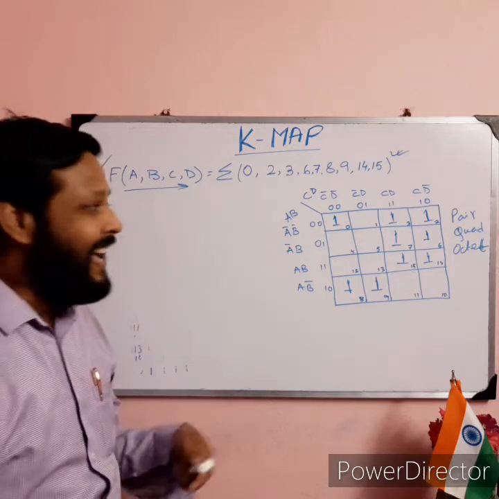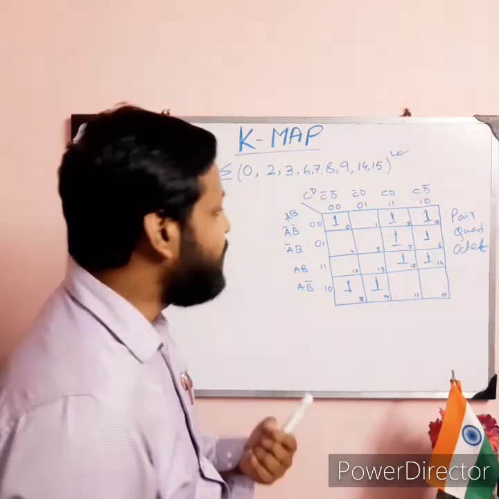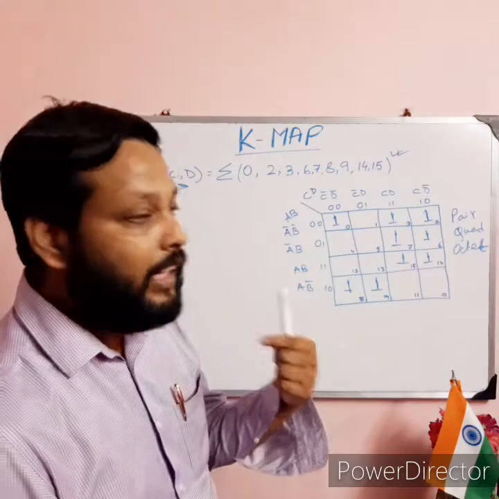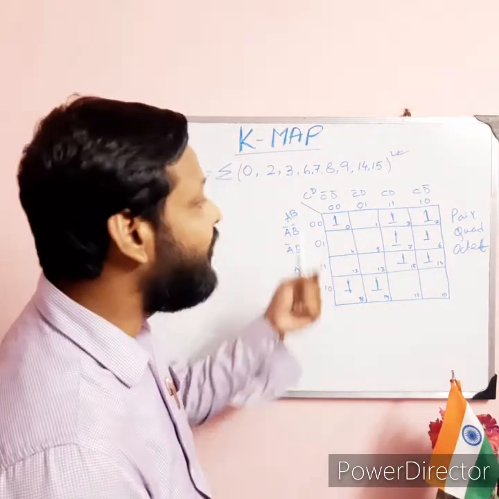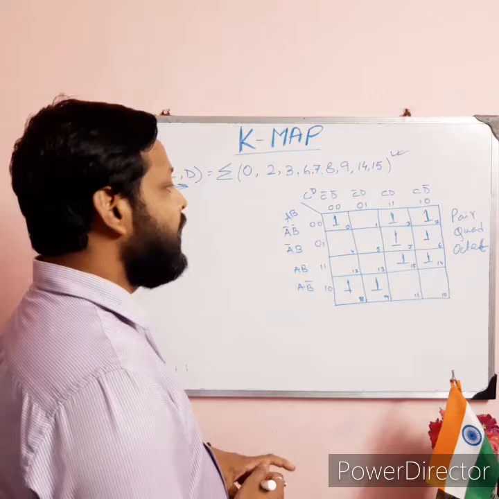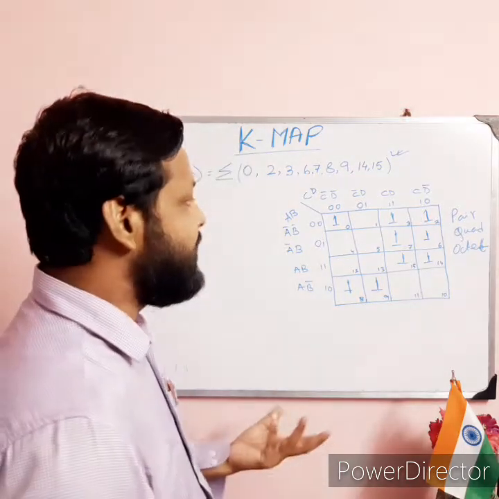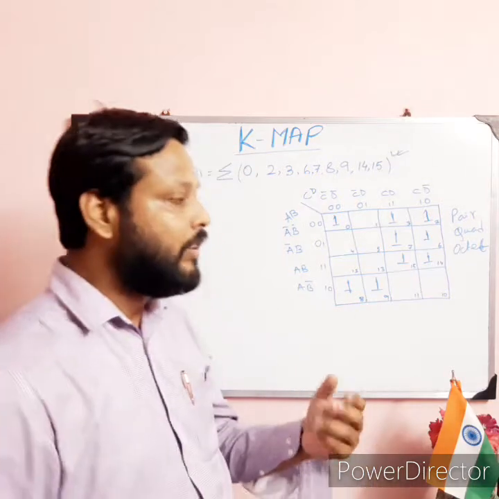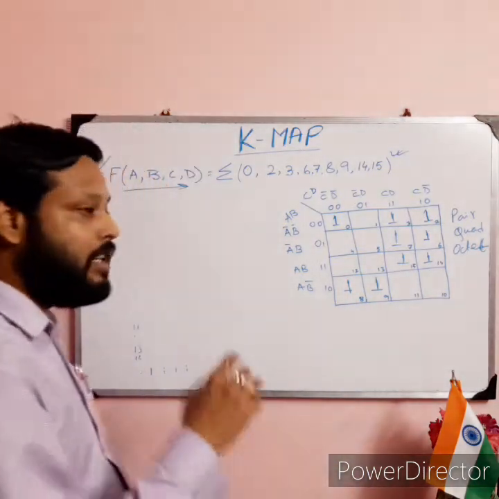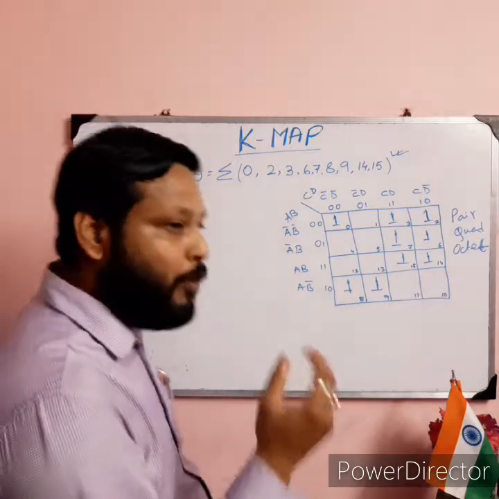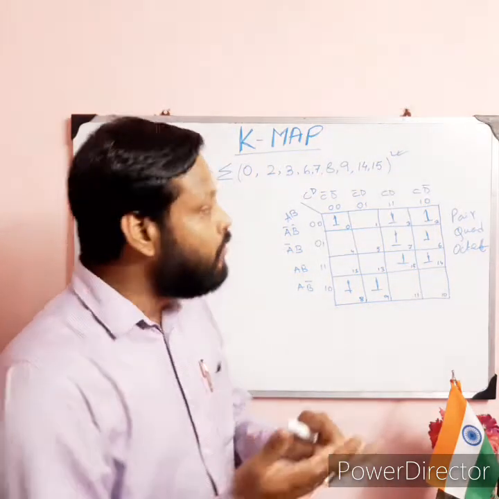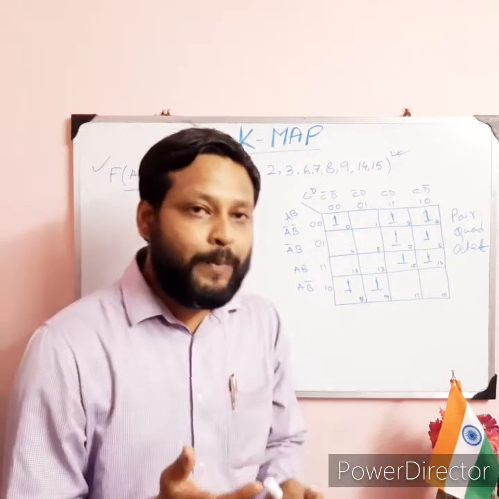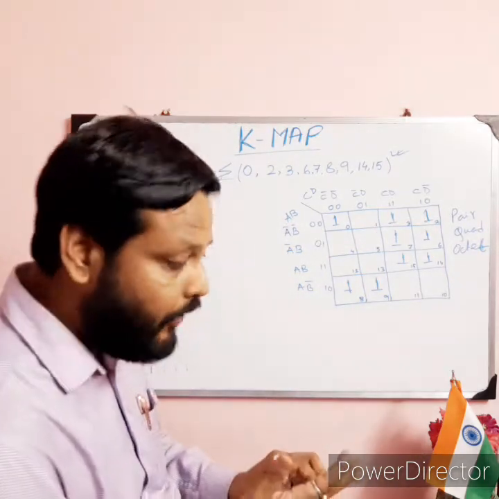Next one, we'll avoid the redundancy. What do you mean by redundancy? Redundancy means reuse of a term. Again, I repeat these important things about the creation of the group. First one, we need to follow the groups, and the group must be formed according to the symmetric form.